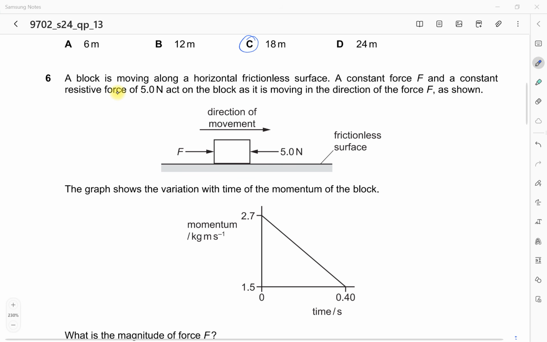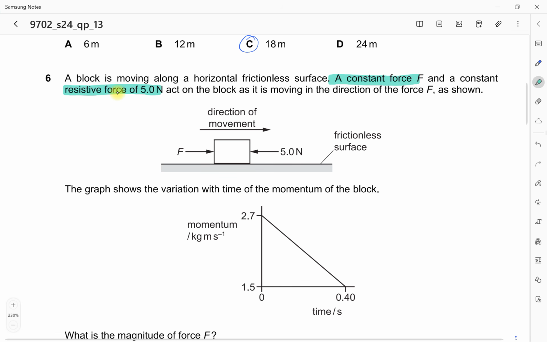A block is moving along a horizontal frictionless surface. So there's no friction. A constant force F and a constant resistive force of 5 newtons act on the block as it is moving in the direction of the force.